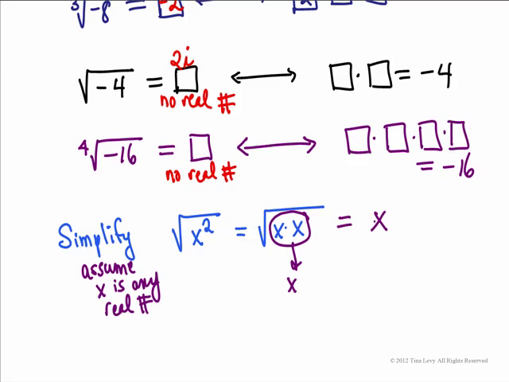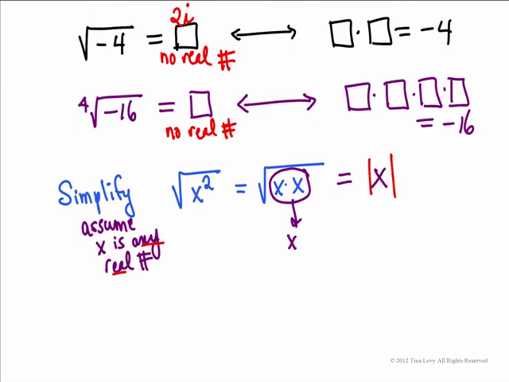And just looking at that idea of jail, we would think x would be the answer. Since x could have been any real number, even a negative one, our square root answer has to be positive, so I have to put absolute value around that answer. Only if I tell you x is any real number will you need the absolute value.